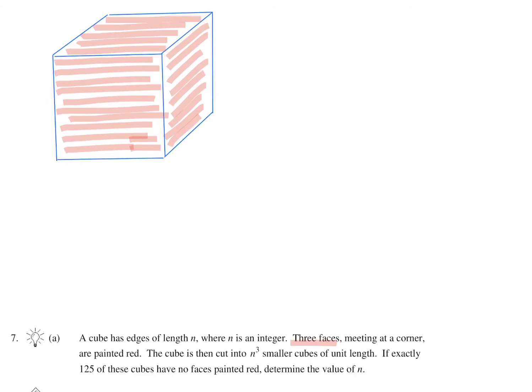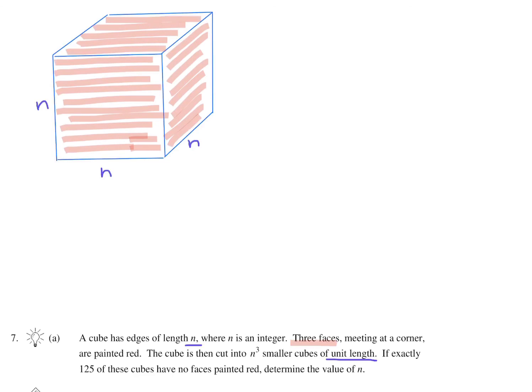Now they don't give us any values, they just say that it's n. It'd be helpful if it was 10 or 20, but they don't say, they just say it's n. So these sides have length n. All right, that's fine. And then what they're saying is that they're going to cut all these into smaller cubes of unit length, meaning length 1.